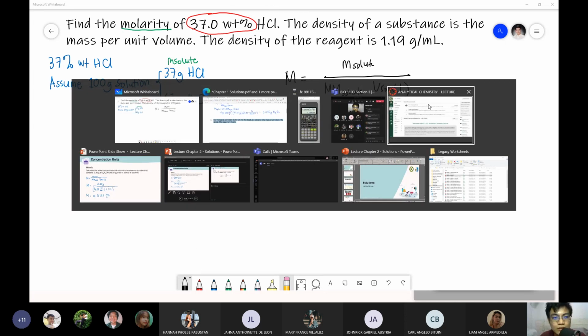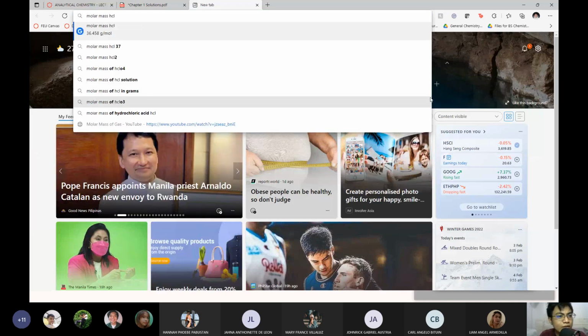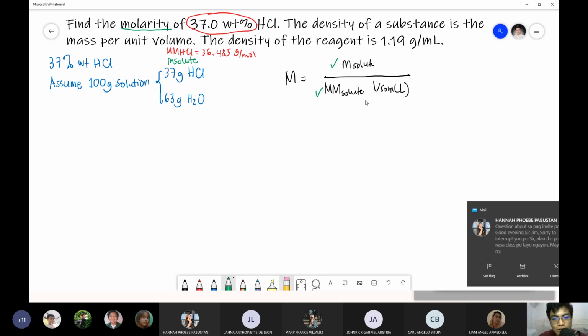So what's the molar mass of HCl? 36.485. Okay, so sabi sa Google, 36.485. Okay, molar mass, HCl, 36.485 grams per mole. Meron na tayo agad na dalawa, no? We have the mass solute and the molar mass solute.